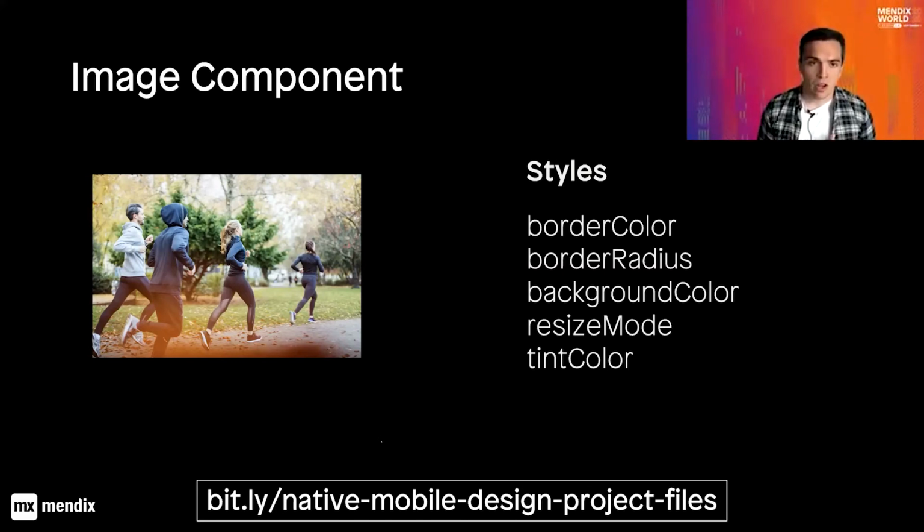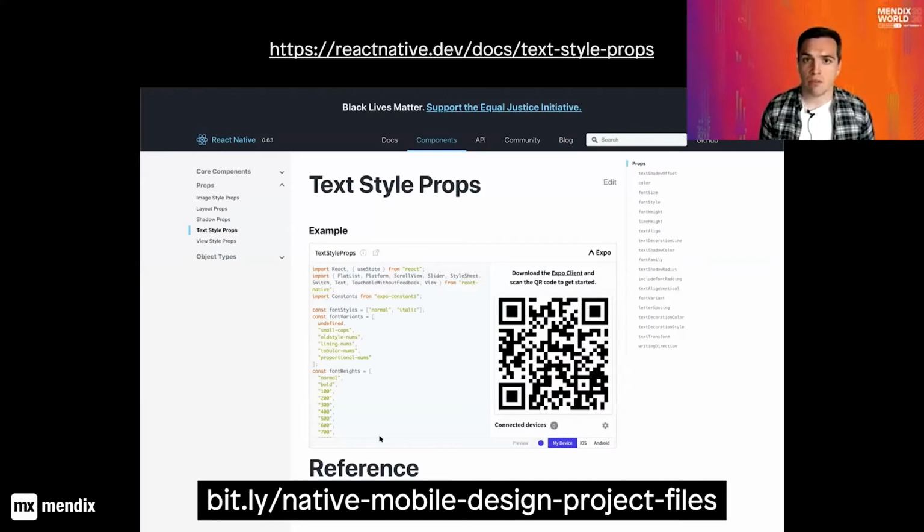And for more information and more knowledge as well, you can go to the React Native docs. We do have a slide at the end of the presentation where we replay all these links out to people as well.